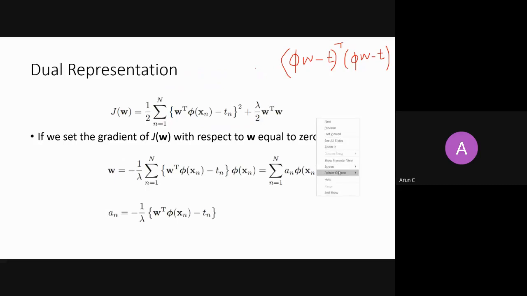So now if you have this expression, what you do, you take this W transpose, you open this transpose, W transpose phi minus T transpose, right? And this is W phi W minus T. And what you will get?